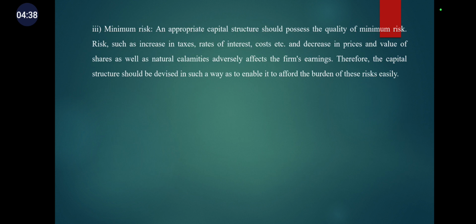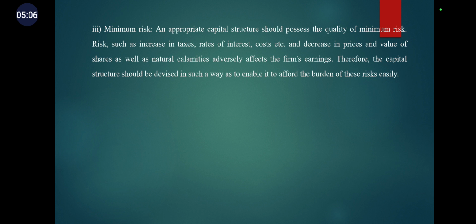And the third feature is minimum risk. Even an individual or a big company, there will always be a risk. You have to expect the risk. Without risk, we can't earn a profit. So when you're fixing this appropriate, optimum capital structure, your risk can be at a minimum level.